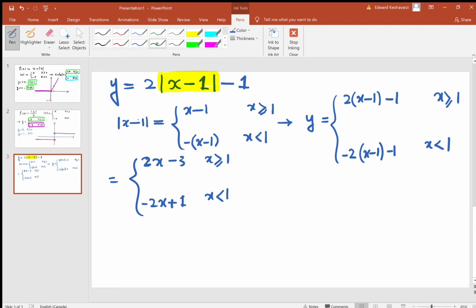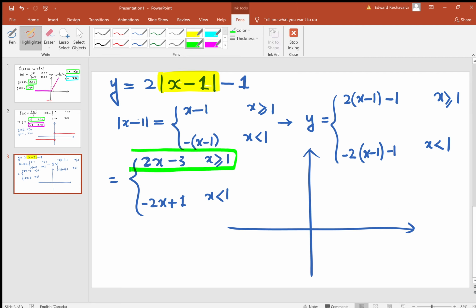Okay, now we are ready to sketch the first row, which is y equals 2x minus 3. So the y-intercept is negative 3, and the slope is 2, which means 1 right, 2 up, roughly here.